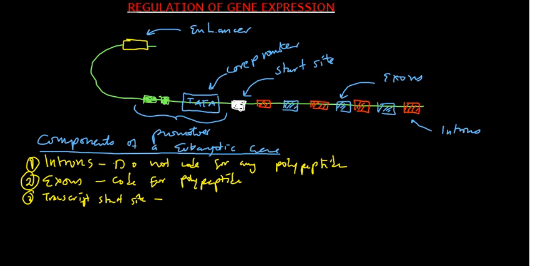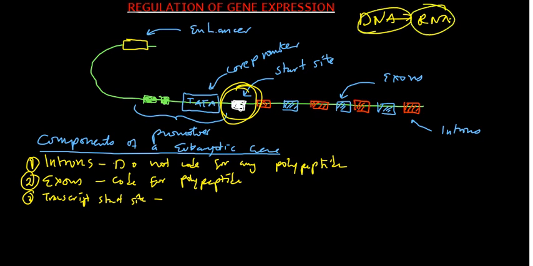This is the first point where RNA polymerase has to attach, because for the process of transcription to occur, we have to convert DNA into RNA, and what converts DNA into RNA is RNA polymerase.